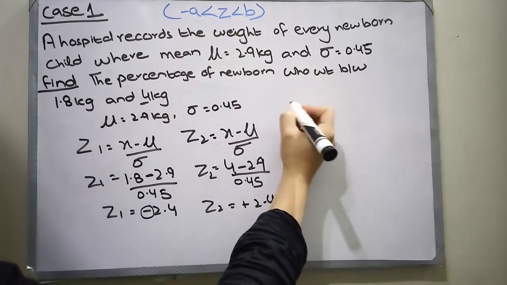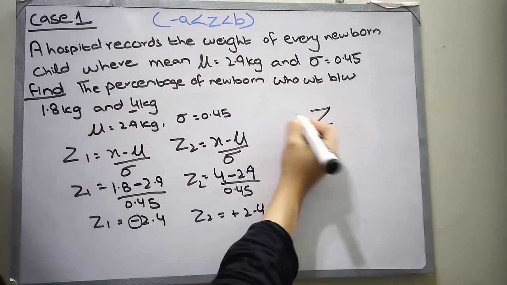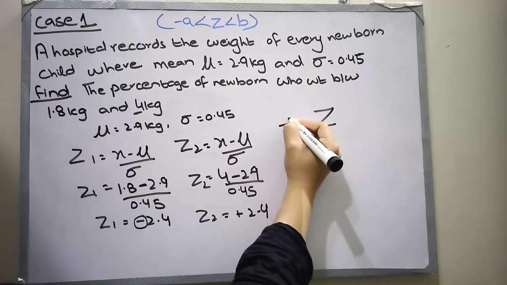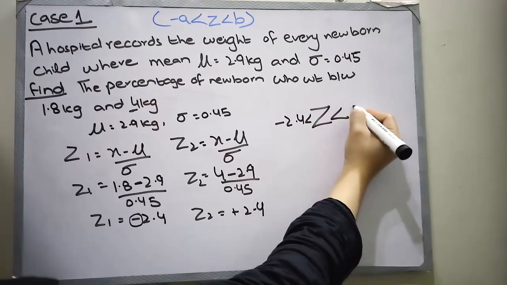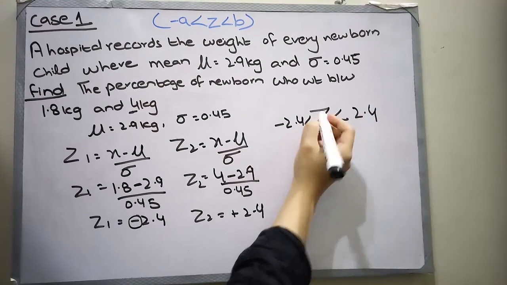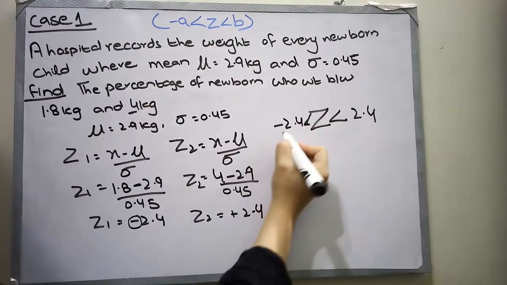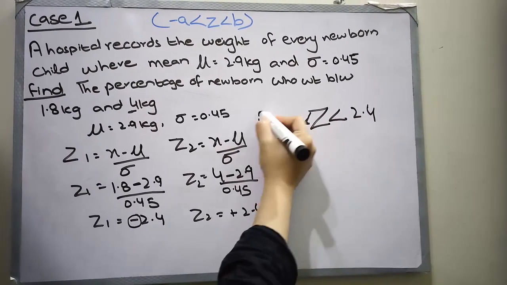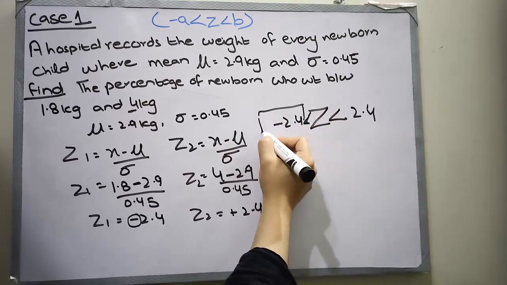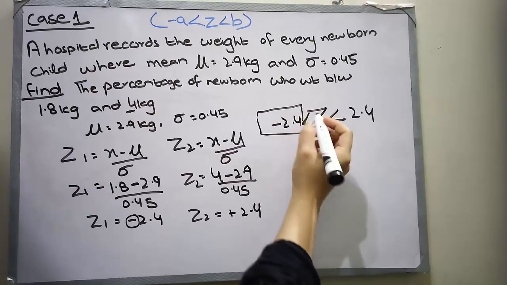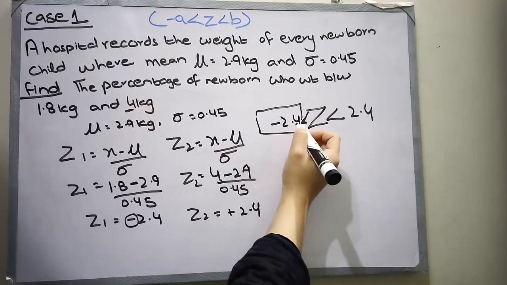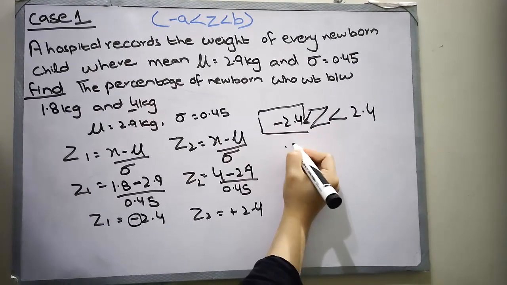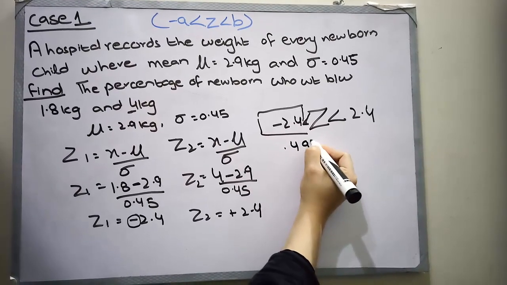According to the scenario, the value of Z is greater than minus 2.4 and less than 2.4. We have to put the value of minus 2.4, and this value would be given to us, and we can also find it from the graph. So we will put the values of minus 2.4 and 2.4. Minus 2.4 value is 0.4918.